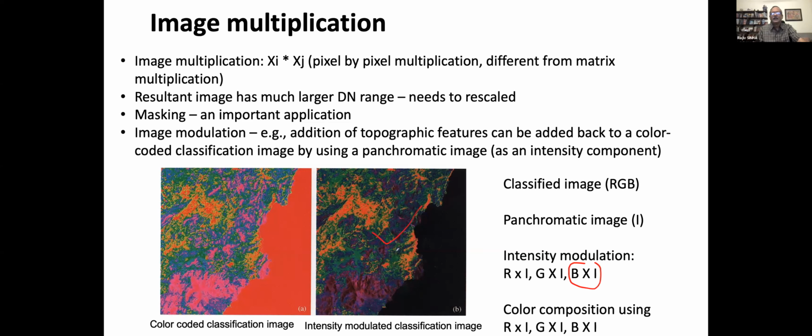These two images are different in the sense that they are simply color-coded images, so every band has been coded in different colors. You can see certain features, but the boundaries of these features are not as sharp as you can see here, right? So this is a better image. This is an intensity modulated image, and therefore we can see and map the features much better here as well.